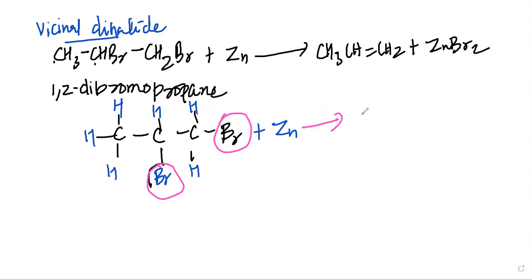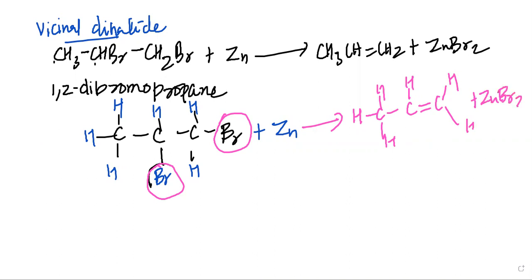So you can easily understand, my dear students, that we will have H, C, H and H, then C, then again H, then here we have the double bond, and then we have CH and H, and this Zn turns out to be ZnBr2.